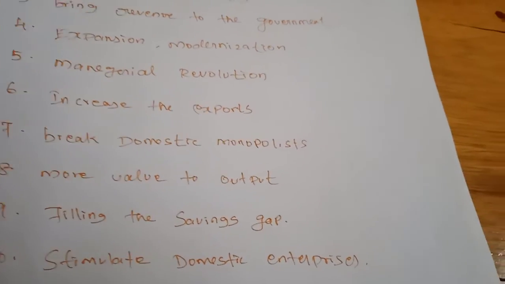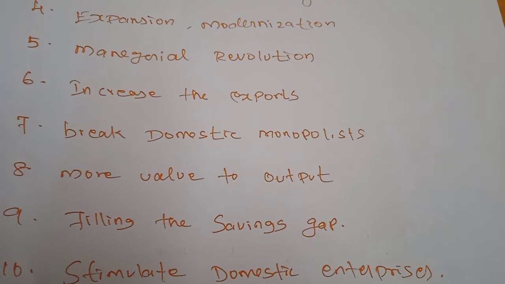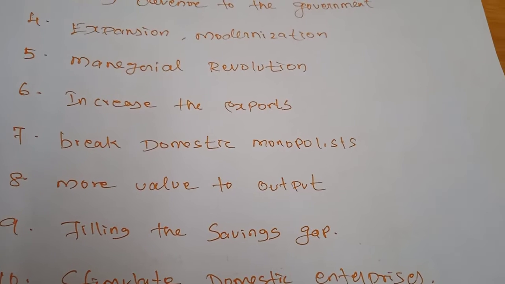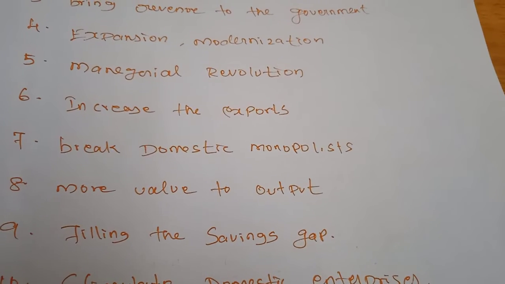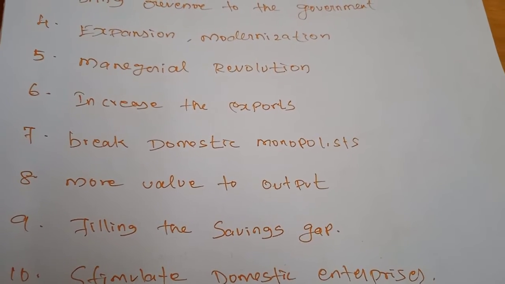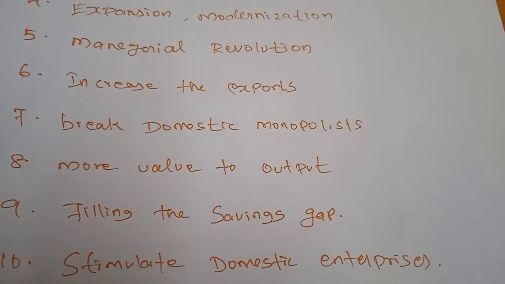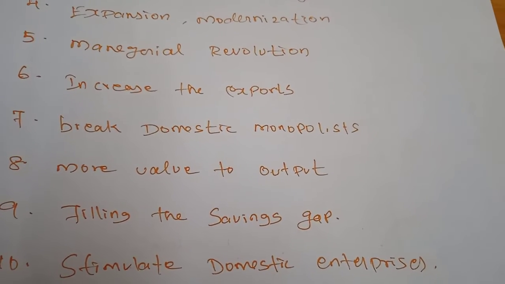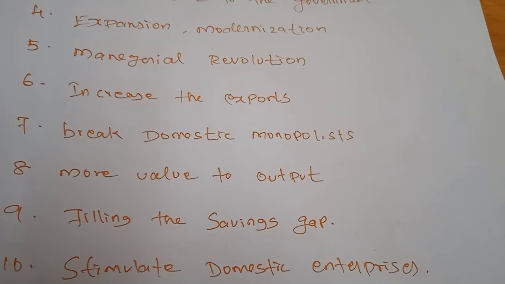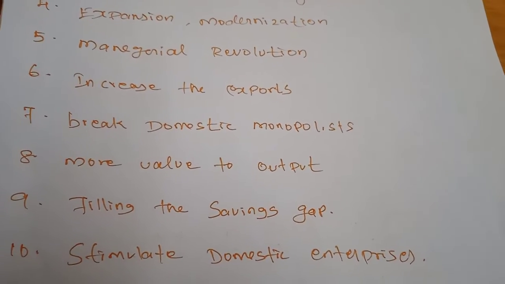So whenever we have the chance to allow foreign direct investment, we can increase our exports, and increasing exports means increasing the output of the domestic country. So we will have more output of commodities, and if these commodities have more demand, we will get more value of output.